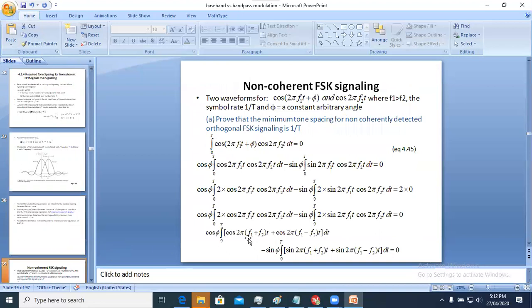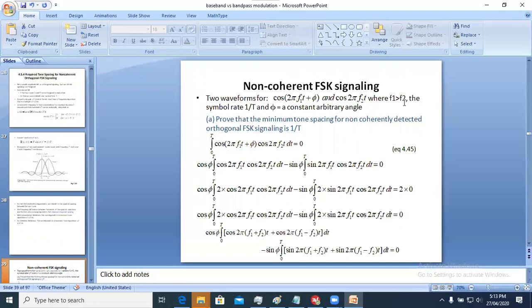First we look at the non-coherent version, or non-coherent FSK signaling. For this we consider two tones or two waveforms. One tone is f1 and the other is f2, and the waveforms are correspondingly cos 2 pi f1 t plus phi and cos 2 pi f2 t with zero phase. We assume that f1 is greater than f2.